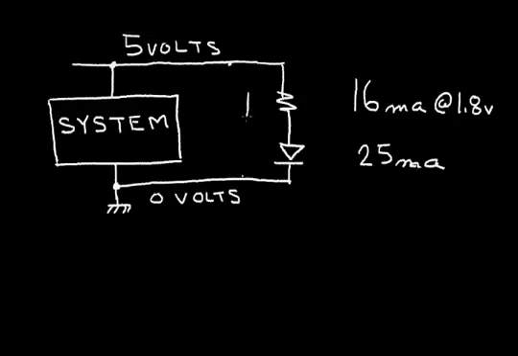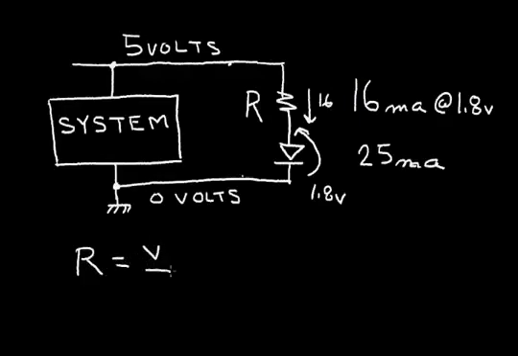So let's calculate the value of this resistor R so that I have 16 milliamps in this resistor while I have a 1.8 volt drop across my LED. So recall that resistance is equal to voltage divided by current.